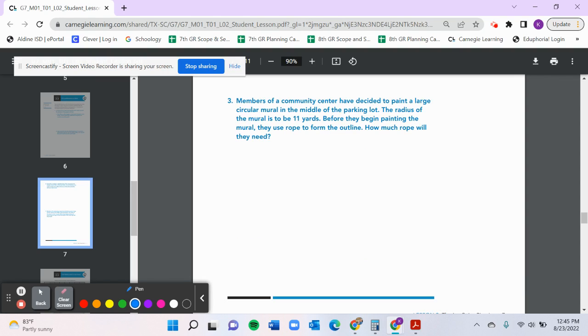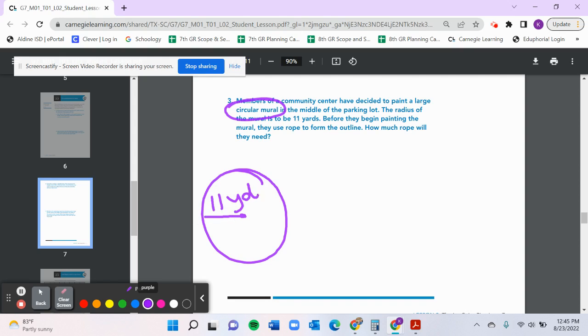And lastly, question number 3. It tells us that the members of a community are trying to paint a large circular mural. So we know it's a circle. The radius of the mural is going to be 11 yards. The radius goes halfway. That is 11 yards. Before they begin painting the mural, they use rope to form the outline.